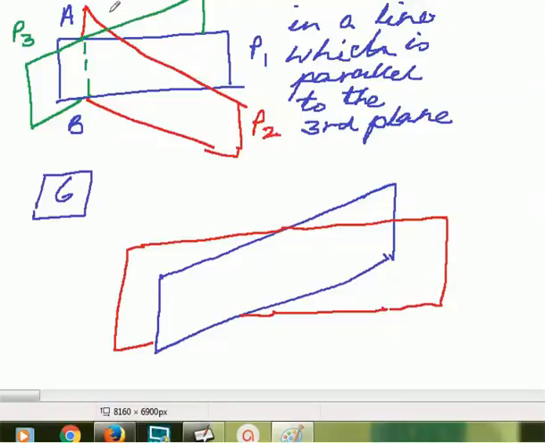Let me improve this a little bit. I have to improve this diagram further.